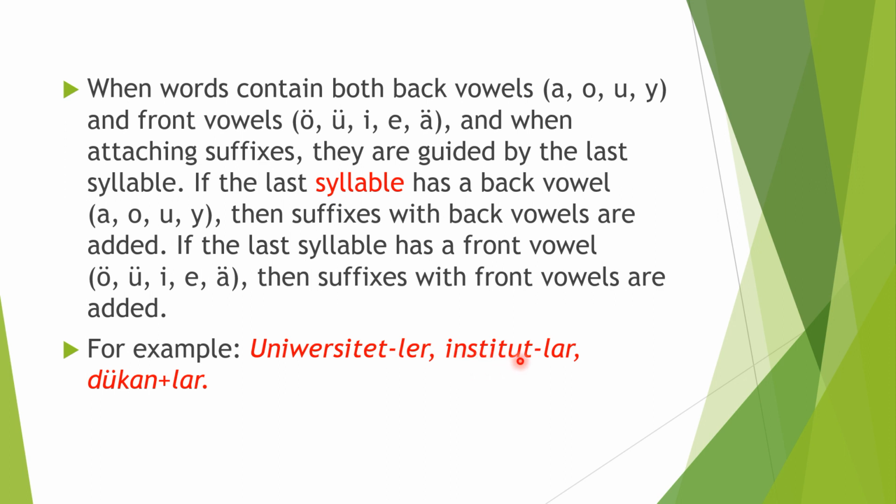Again here, institute, first vowel is i, inçe, the second i, inçe, but the third one, u, ýogyn. So we are guided by the last syllable. Universitetler. Dükkanlar, dükkan, d, ü, k, a, n. Ü is inçe, a, ýogyn. So that's why we add lar. Dükkanlar.